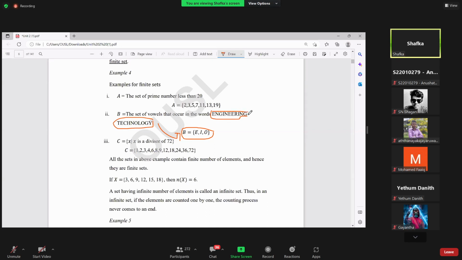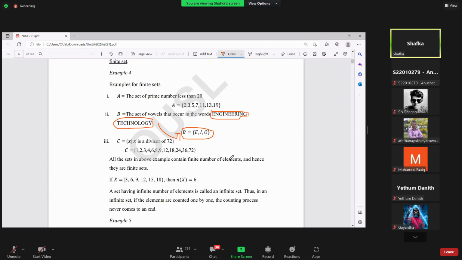So you can't change. If this is in uppercase, you can't change it to lowercase. It's specifically given. Okay? So then they should be capital. The wordings are given in capital letters, so you have to write it in capital letters.